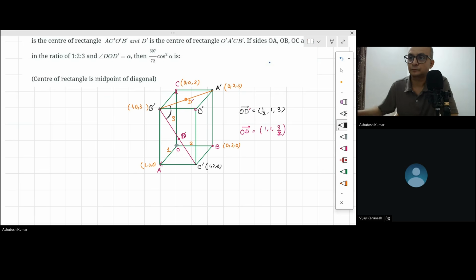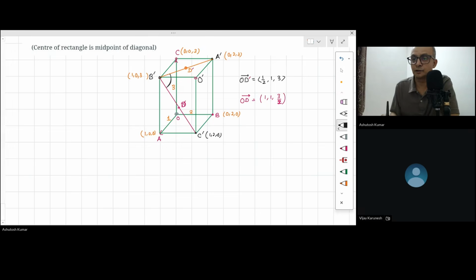So we write OD dot OD dash is equal to mod OD, mod OD dash, cos alpha. And this we can write directly: half into 1, plus 1 into 1, plus 3 into 3 by 2, which is 9 by 2.